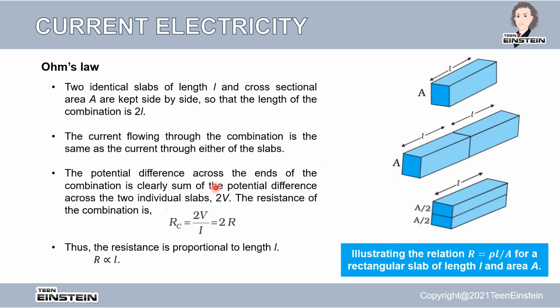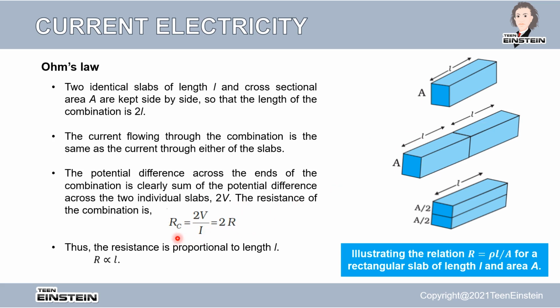Now the potential difference across the ends of the combination is clearly the sum of the potential differences across the two individual slabs. If the potential difference across one slab is V, then across two slabs it is V plus V, which is 2V. So the resistance of this combination is R_C equals V by I according to Ohm's law. Instead of V we have 2V here, so 2V by I equals 2R.